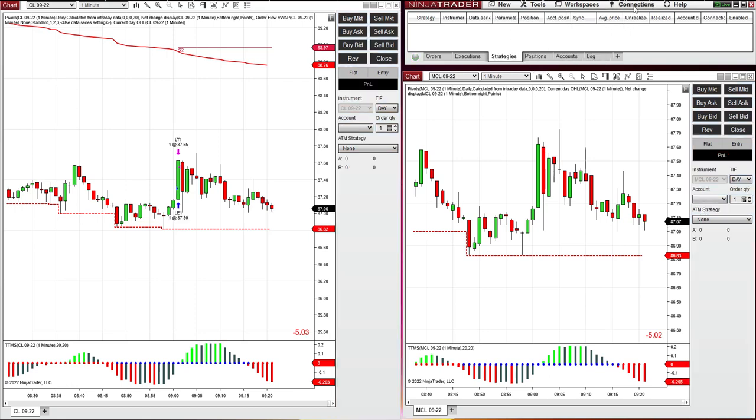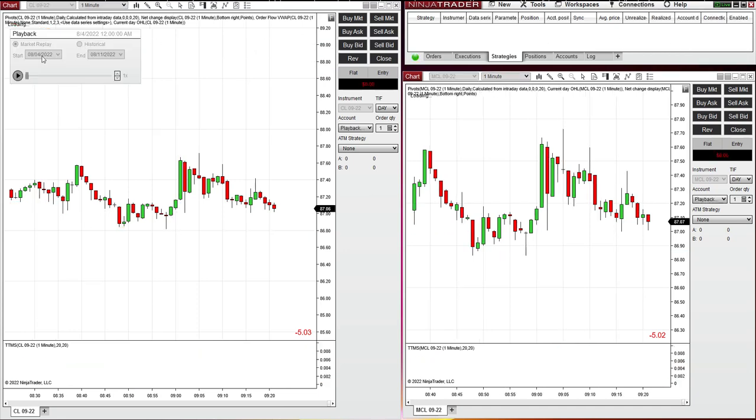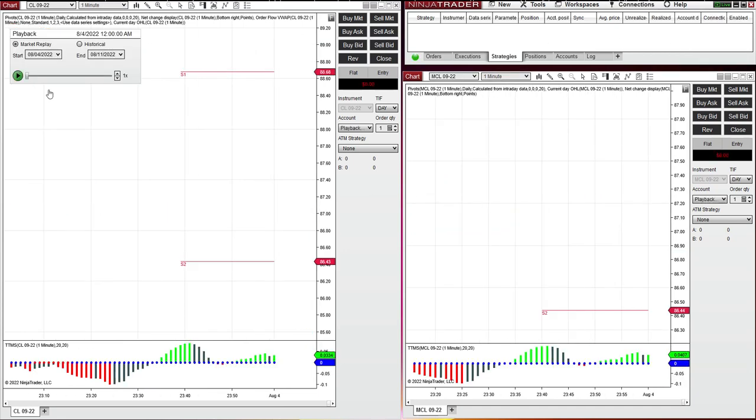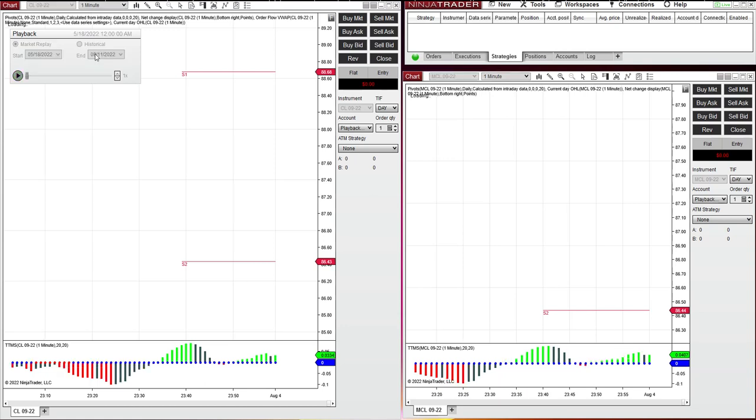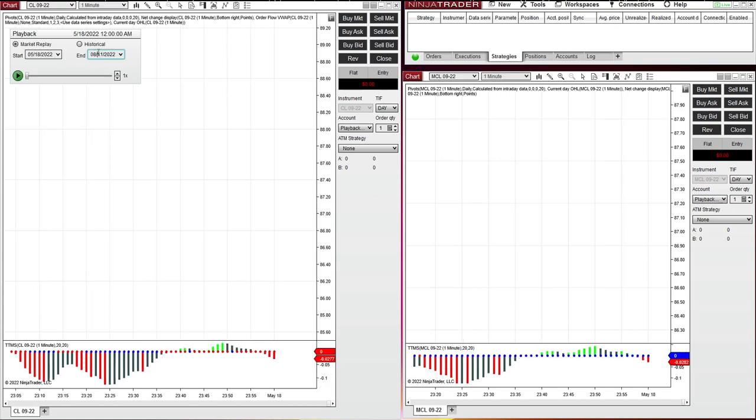I disconnect live. I connect playback. We said the date was 518, right? So I can put the date up here in both boxes. 518. Don't forget we have to change our chart and put on the software.